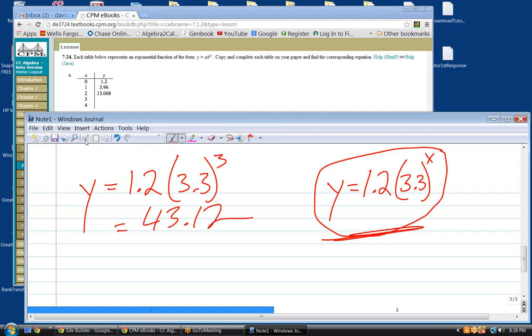Now tell me what the y value is when x equals 4. What's the general formula of it? Is it, wait a minute, when x equals 4? Uh-huh. It's 1.2 times 3.3 to the 4th. Okay, what's that number?